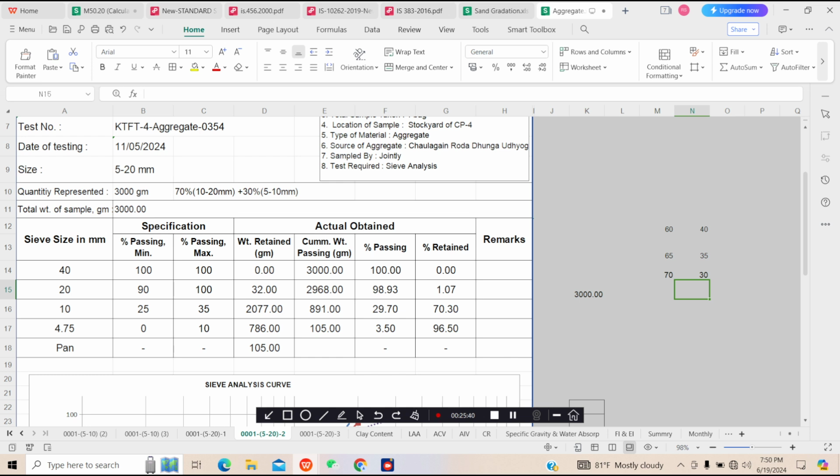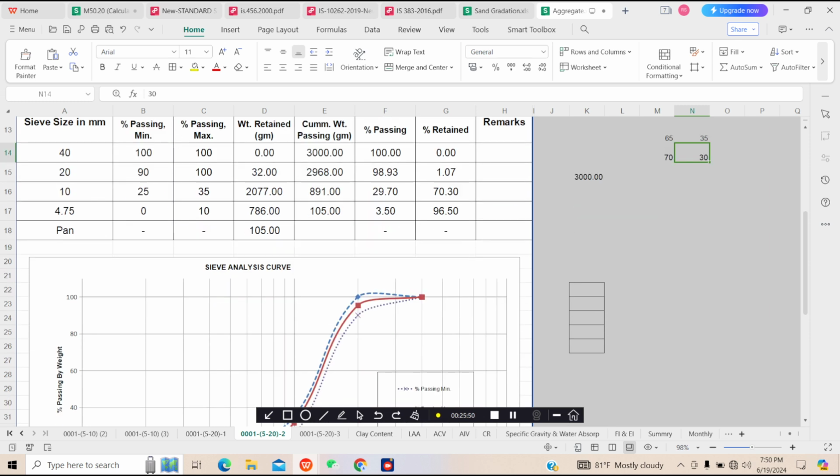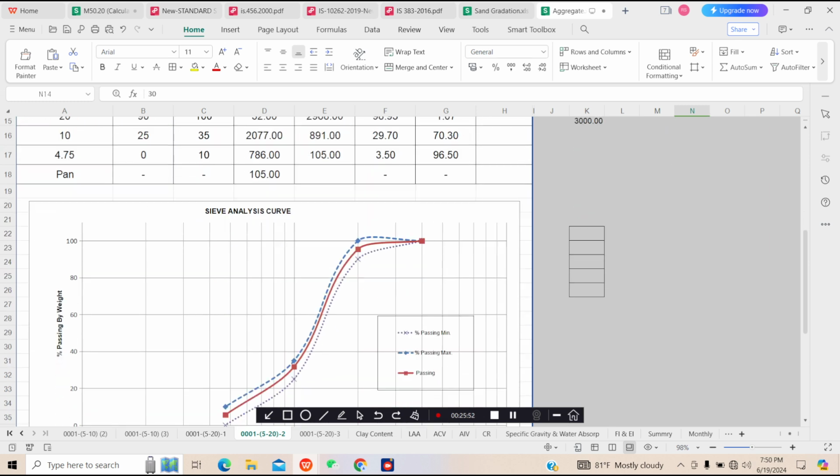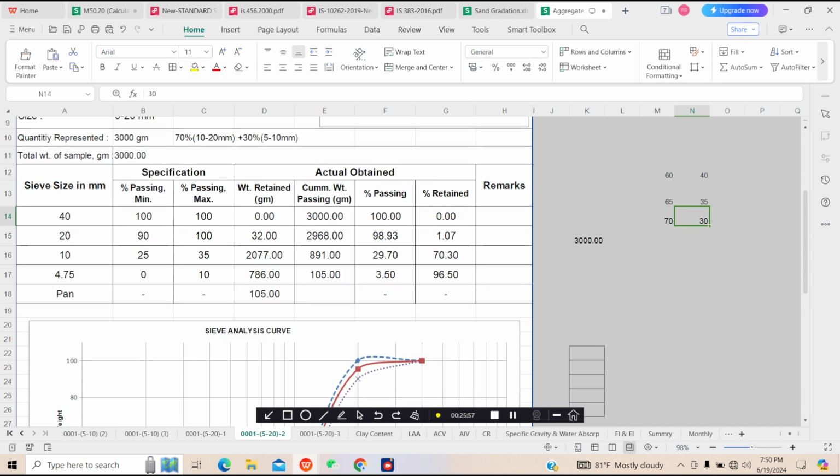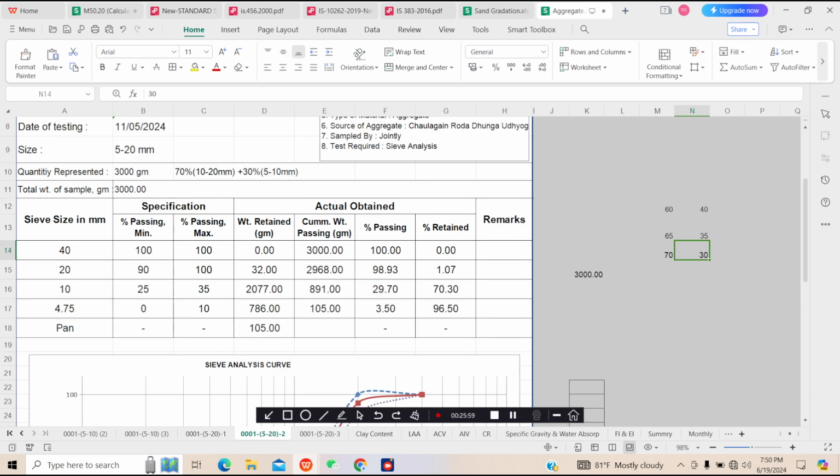And when we take 70% of 20 down aggregate and 30% of 10 down aggregate, the sieve analysis values come inside the envelope. So this varies from site to site because the size of the aggregate varies from place to place.